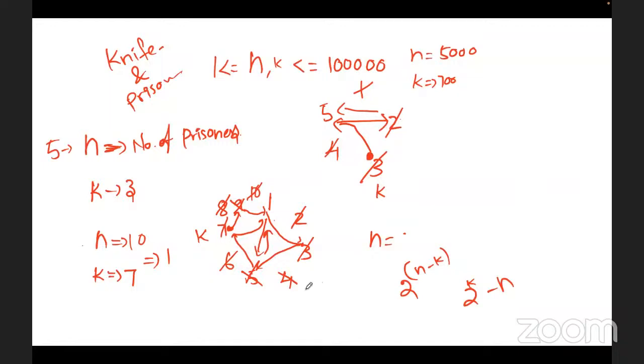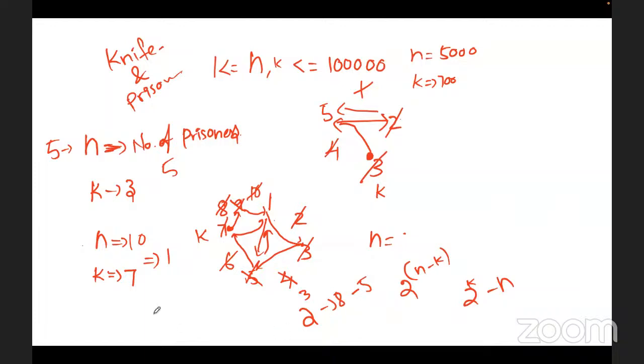Okay, so let's take these simple numbers. For n value and k value, 5 will be the answer. So 2 power 3 is 8, minus 5.